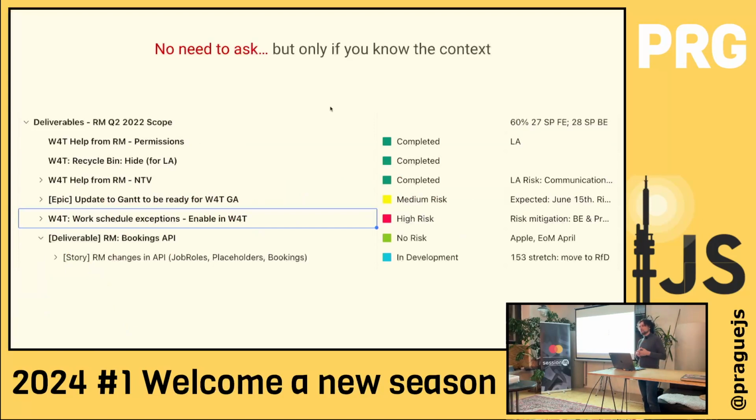Here I didn't have to go long for an example like this from Reich that's really context heavy. You see NTV for LA, RM, W40, the 153 stretch. So all this information made sense to a very local group of people, maybe 50 of them max, 20 of them understood it really well, and then it's getting more and more obscure, and most of you do not understand it at all.